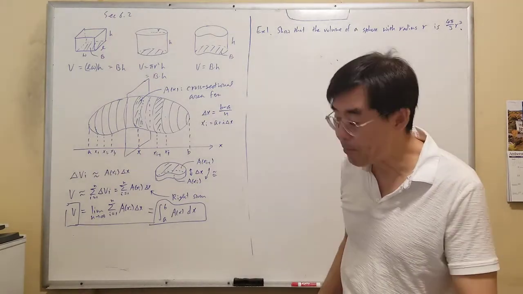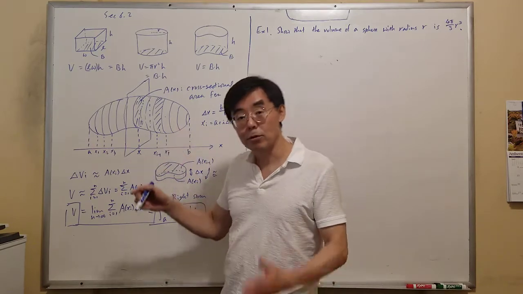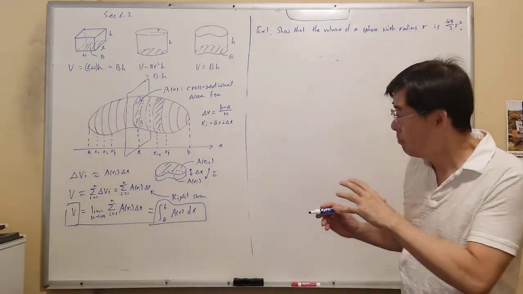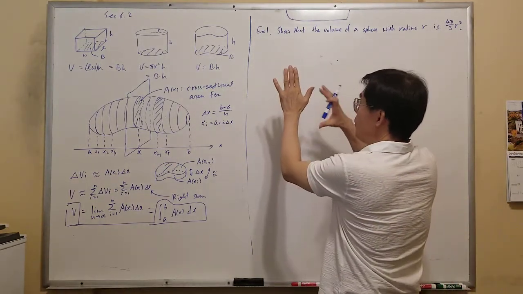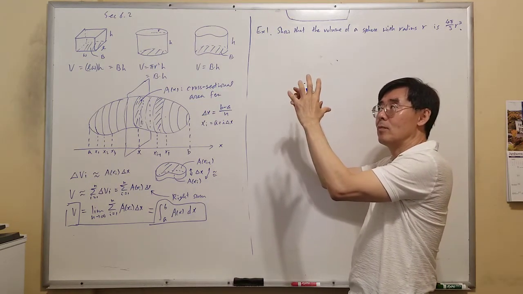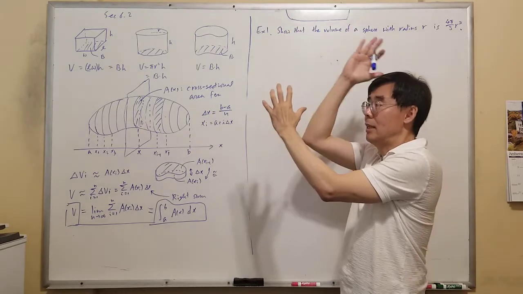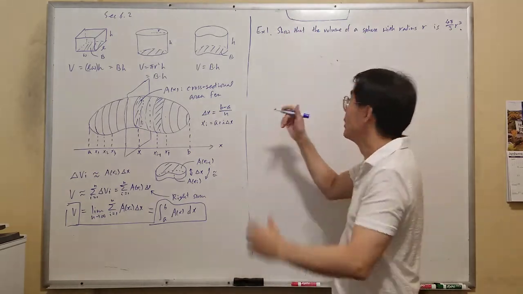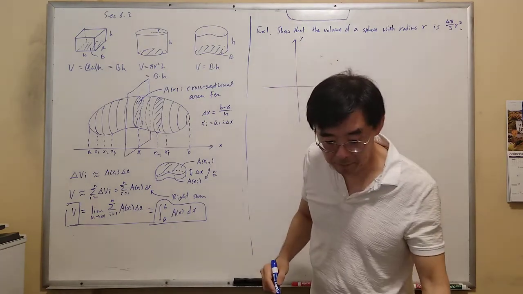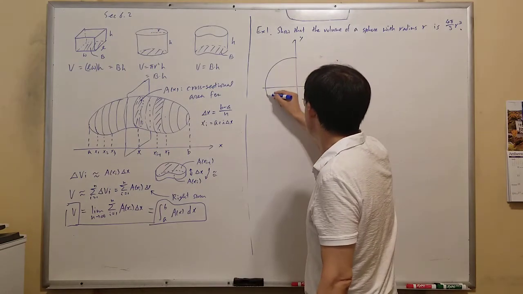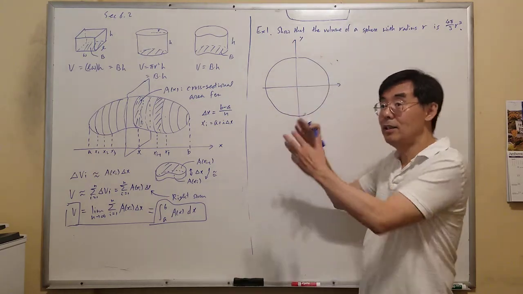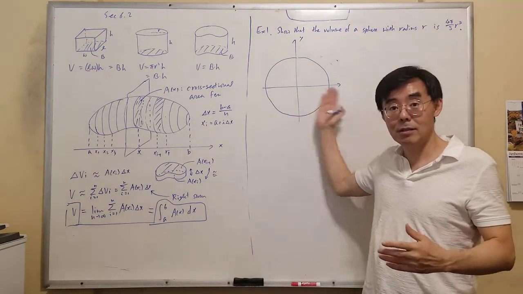Okay, so we want to use this approach, cross-sectional area. So I'm going to place my sphere, let's say this is the xy plane, with its center at the origin, so that the xy plane goes exactly through the center. Half of the sphere will be above this xy plane, the other half will be behind this whiteboard.